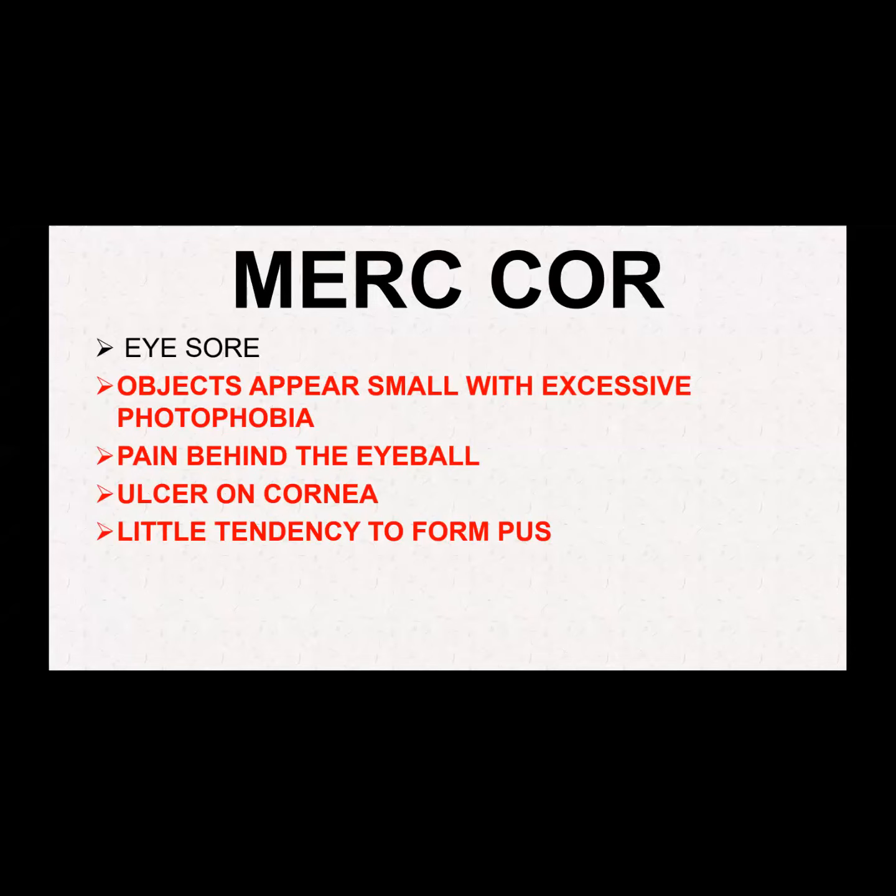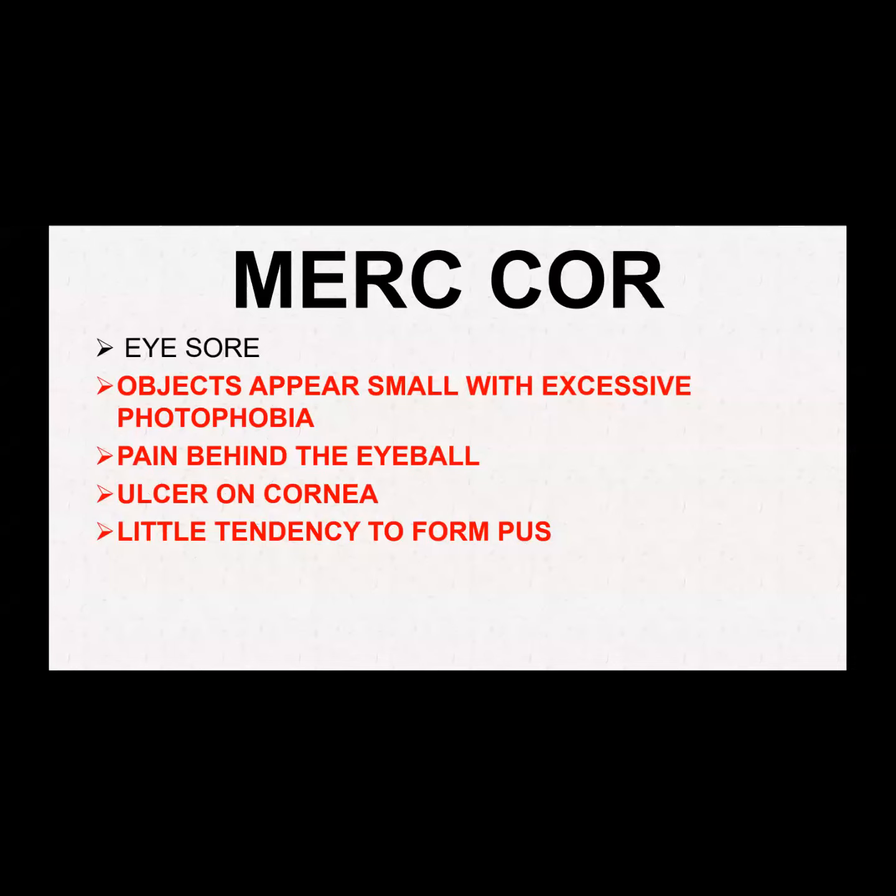Now the pathology is going to be in the ulcerative stage. When there is ulcer formation, the pathologies become blooming and obviously the smaller pathologies become short. So pus formation becomes much less. There is little tendency to form pus in Merc cor because these are syphilitic medicines.